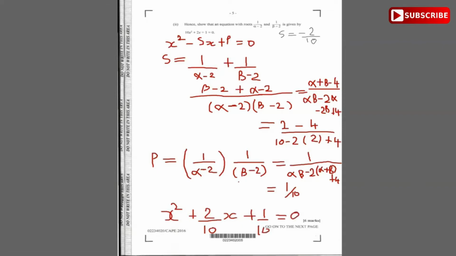Multiplying through this equation by 10 gives me 10x squared plus 2x plus 1 is equal to 0. And that's how we prove this question. Nice and easy. That takes care of the first part.